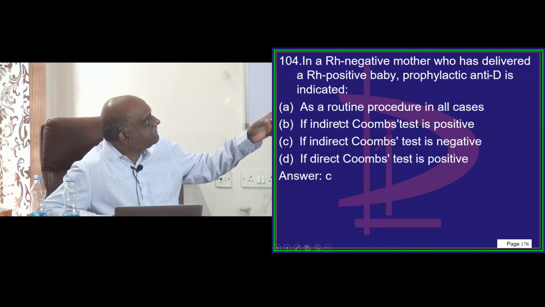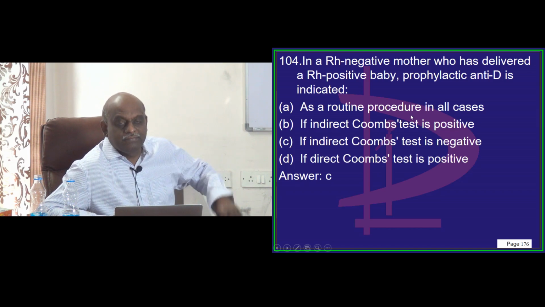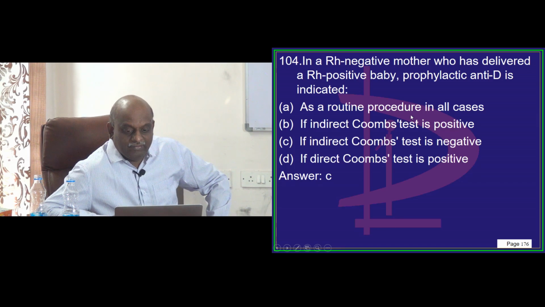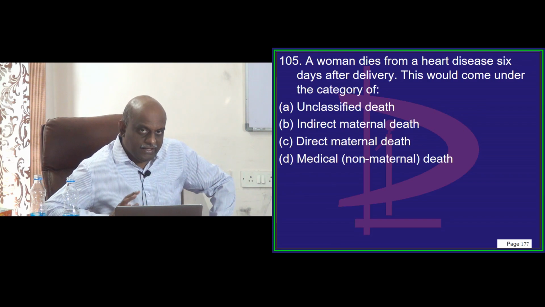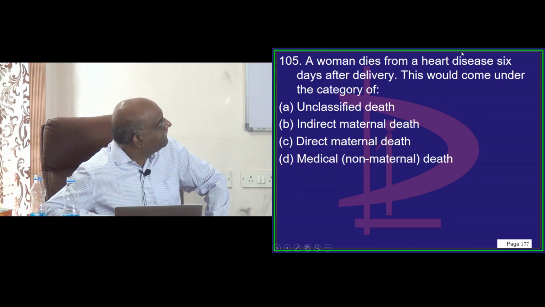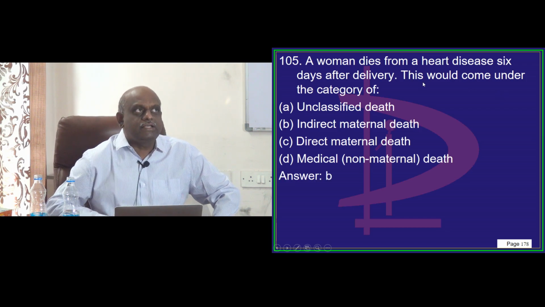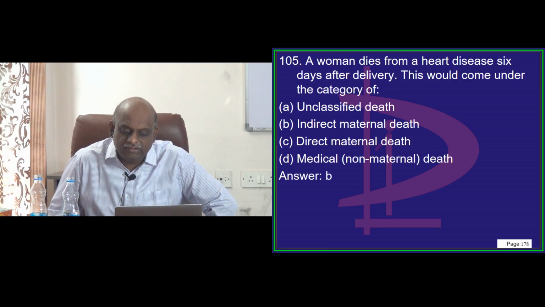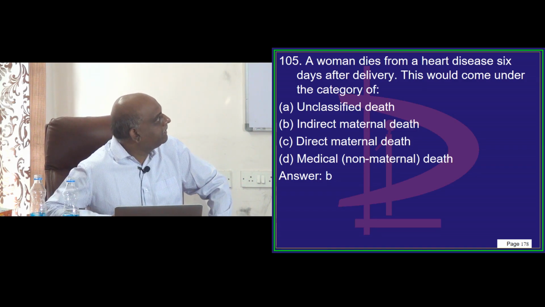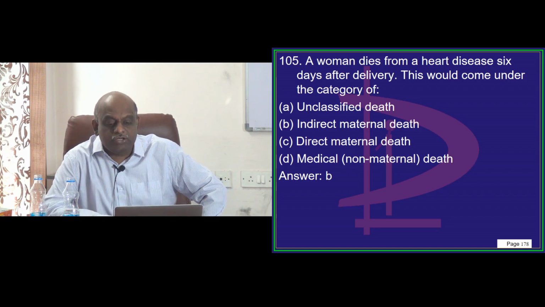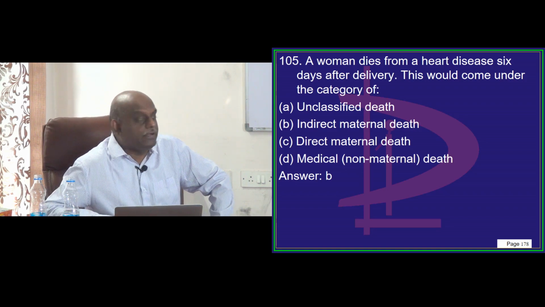I'll just check this option A and update you. Yeah. A woman dies from heart disease. What do you like to call this as? We call it an indirect maternal death, because it's not an obstetric cause leading to the death.